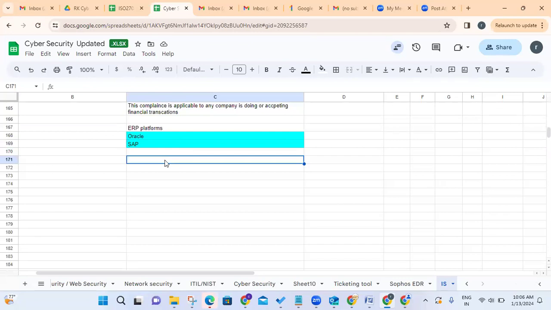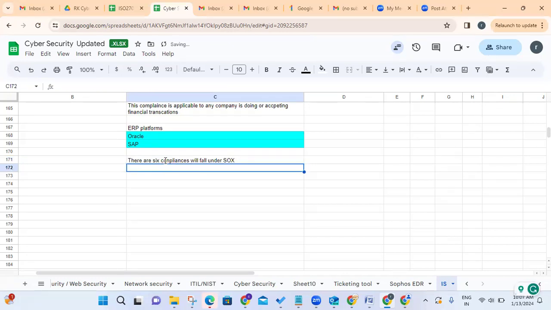Now, keeping that in the backend database side, under SOX compliances related to financial reports and financial transactions, there are 6 different types of controls. Those 6 compliances fall under SOX.